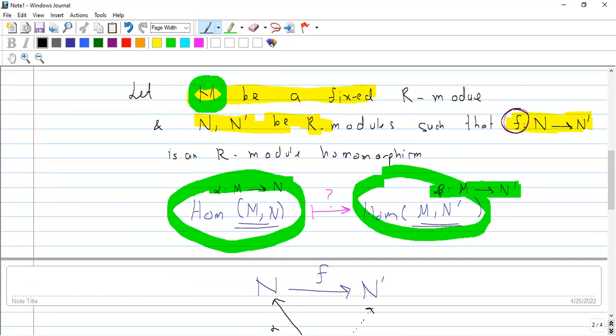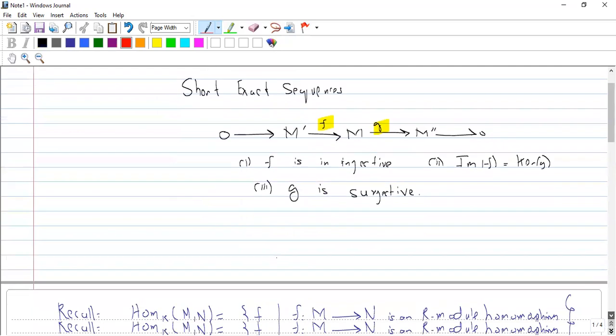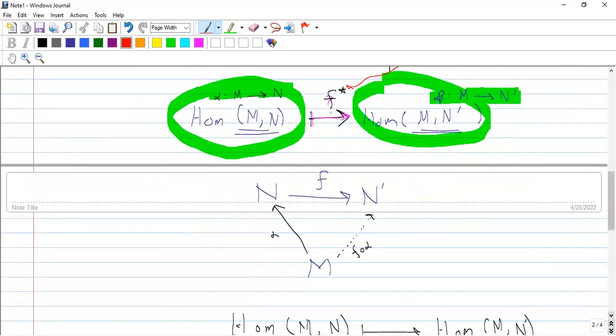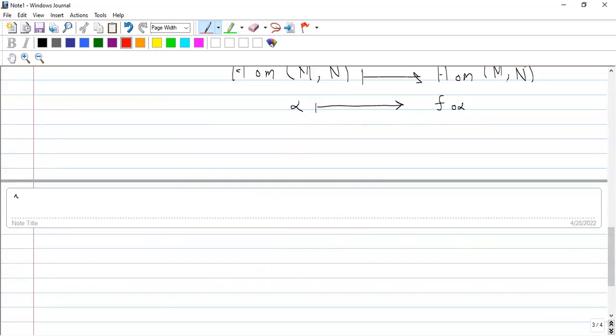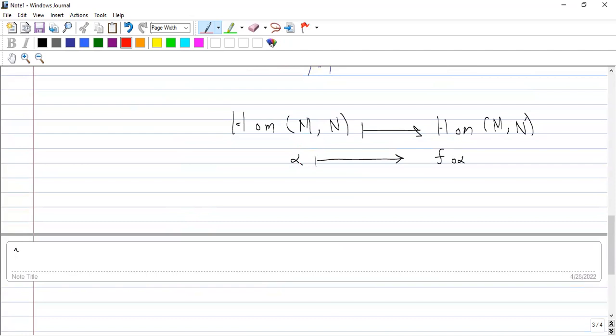If there exists a map from N to N dash, this map is also inducing a relation, which is f star, between Homs. The relation is: if the input is alpha from M to N, the output is f composition alpha. So f star is defined in this way: if the input is a map from M to N, then the output is a map from M to N dash.